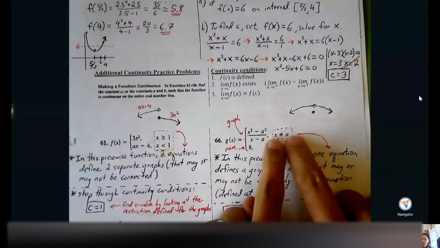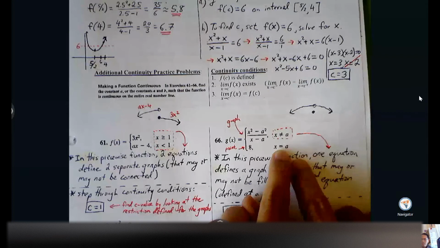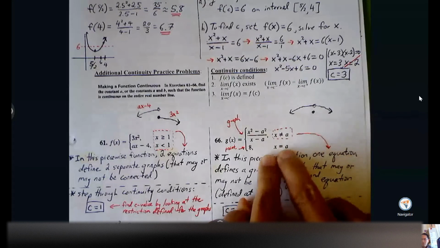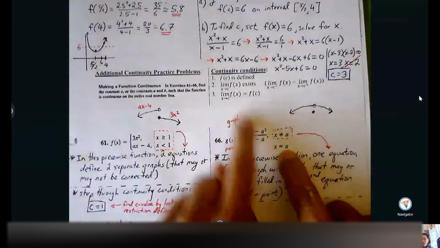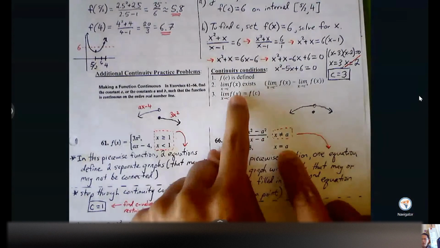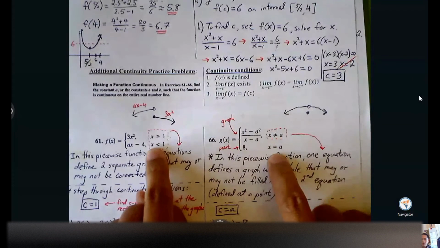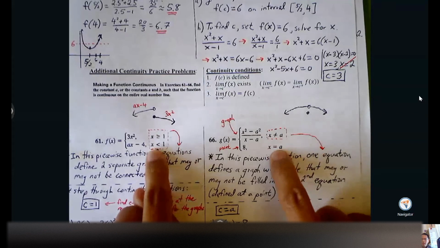But if I have a hole in the graph, and that hole may or may not be filled in by a point, then when you see this setup, it's either going to pass all 3 conditions, or it's going to end up failing the third condition. So it gives you an idea as to what type of discontinuity may happen, just by the way that these restrictions are set up.